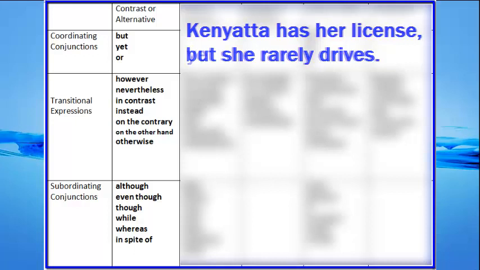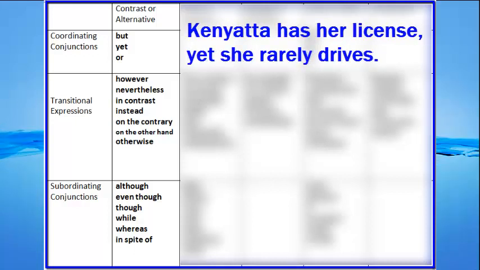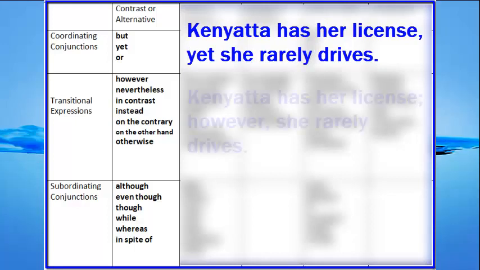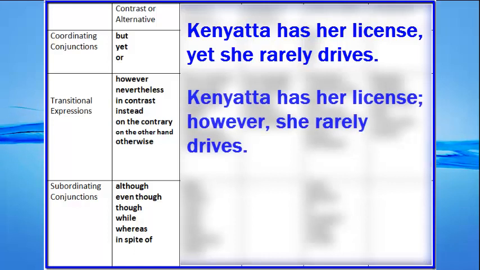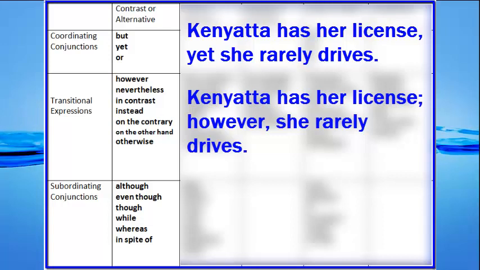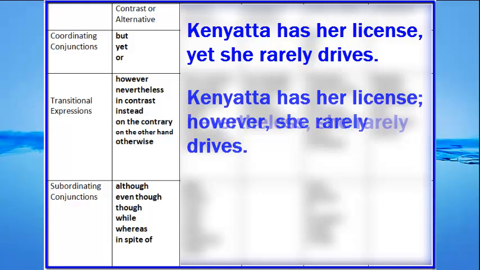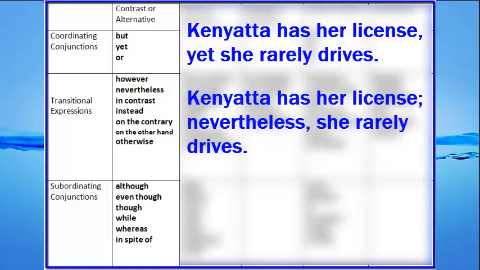Here, the coordinating conjunction but can be replaced with the coordinating conjunction yet. Kenyatta has her license, yet she rarely drives. Using a transitional expression, the same ideas can be expressed, as in the sentence, Kenyatta has her license; however, she rarely drives. The transitional expression however can be replaced by the transitional expression nevertheless to convey the same meaning.